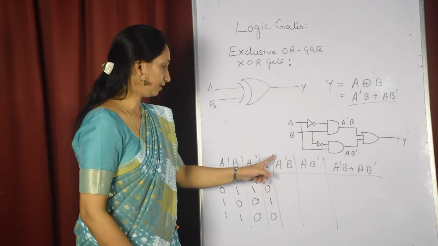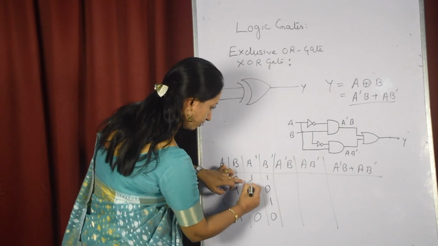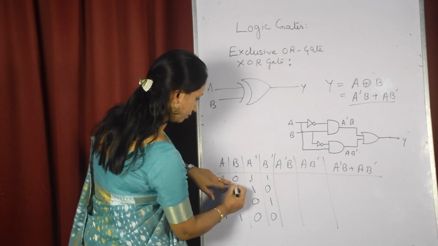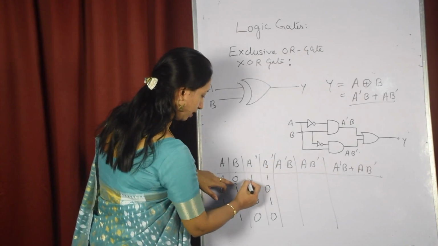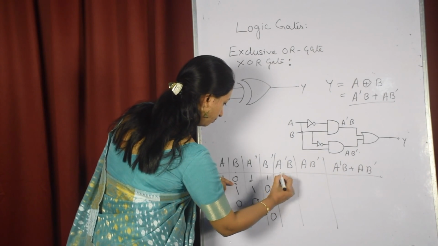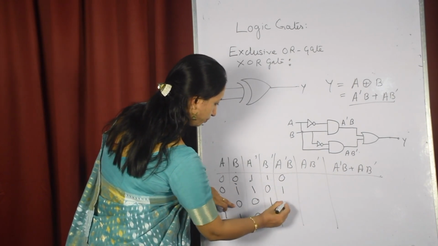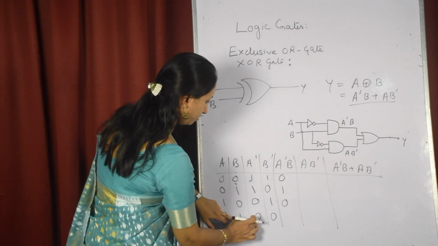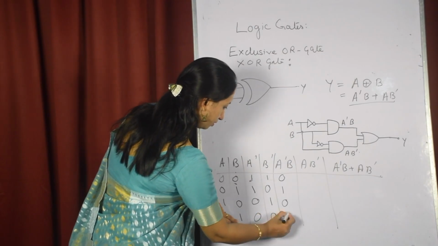Now let us see the A bar B. So here A bar is this input and B is this one. So product 1 into 0, it's 0. Then 1 into 1, it's 1. 0 into 0, it's 0. Then 0, 1, it comes 0.